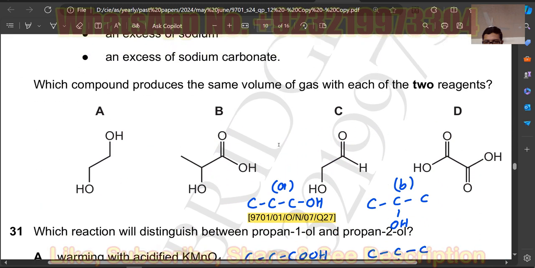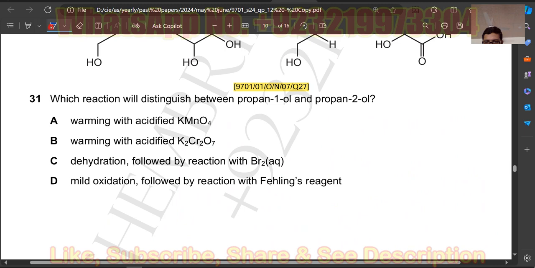Then question number 31. Question number 31 is also repeated, and you can see it came in October 2007. This question is repeated, but I have not found any person who has made a video on this question. So I'm going to explain this question by myself.